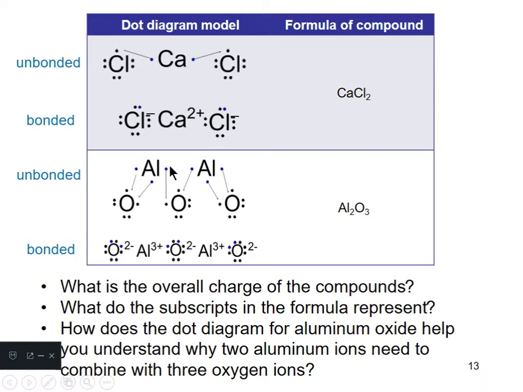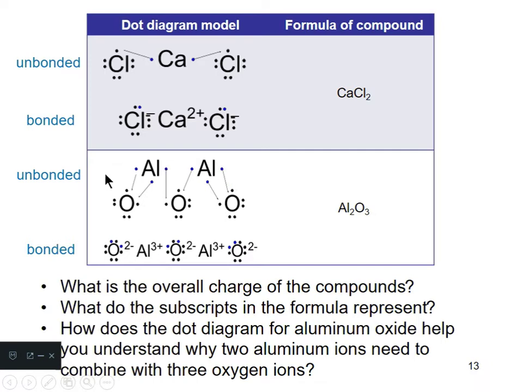If I look at these aluminum atoms at the beginning, they each have 3 electrons, and so they want to give up all 3. When I look at the oxygen atom, it only has room for 2. So these 2 can go to this oxygen, and then I have 1 left over, but 1 is not enough. So I put 1 going to this one, but it's not quite enough. It needs another one from another aluminum atom, which then has 2 left over, so it goes to another oxygen atom.